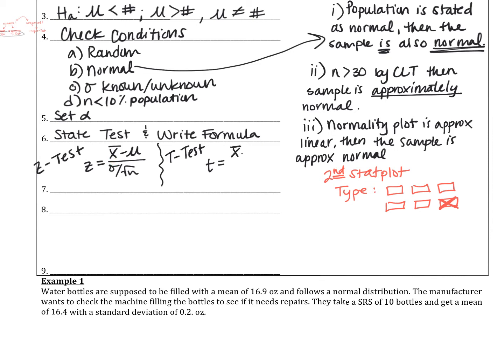So x bar minus mu over S over the square root of n. We're almost done. All right, in step 7, you're gonna find that value, whether it's z or it's t. And then step 8, you're gonna find the p-value. And you're gonna compare it to alpha.